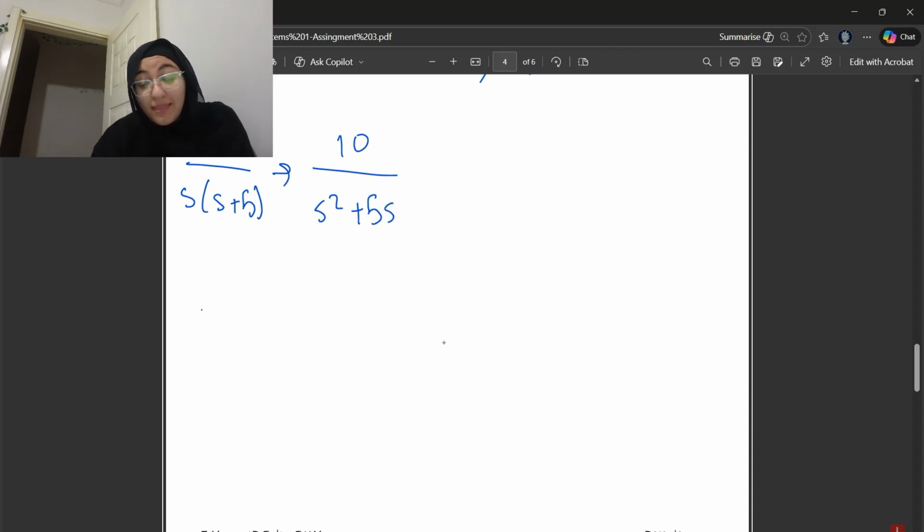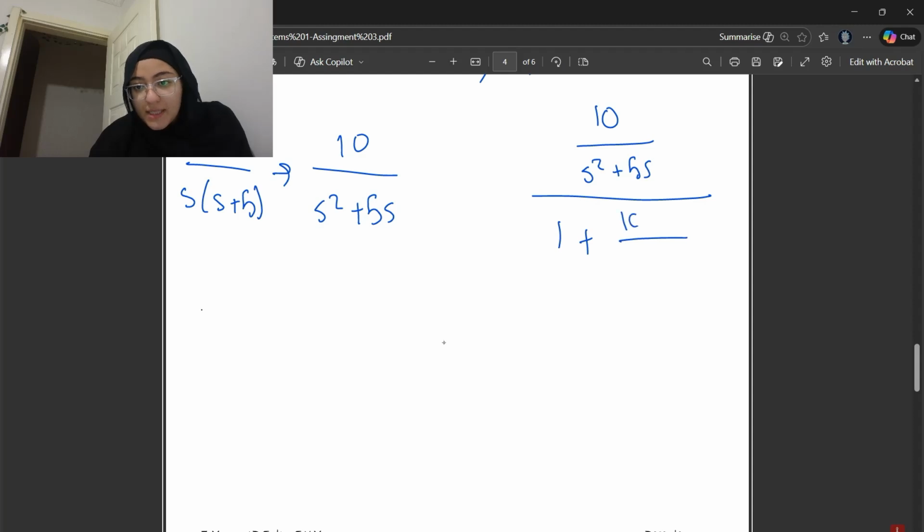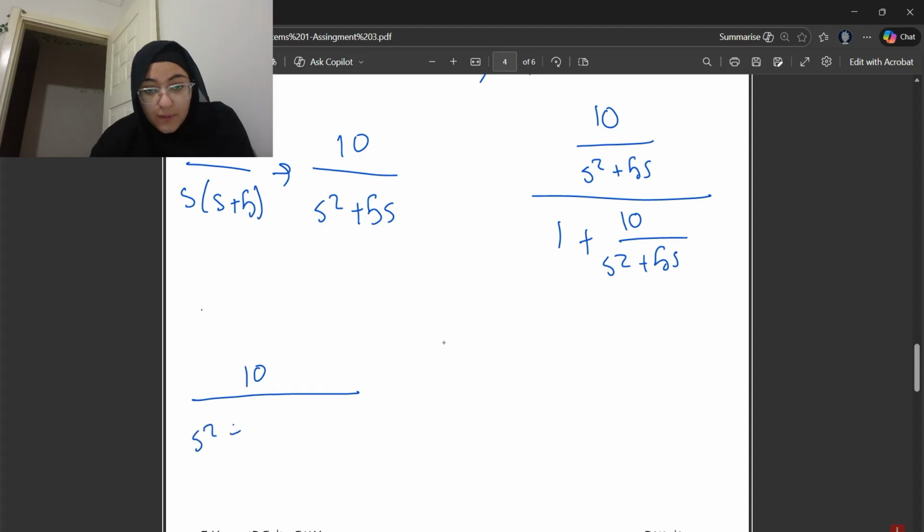We need to find the closed loop, so it's going to be 10 over s squared plus 5s, over 1 plus 10 over s squared plus 5s. Finally, it's going to be 10 over s squared plus 5s plus 10.